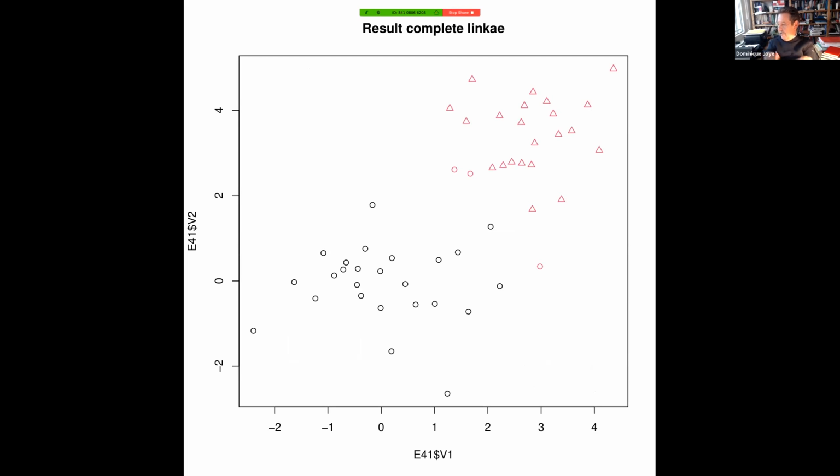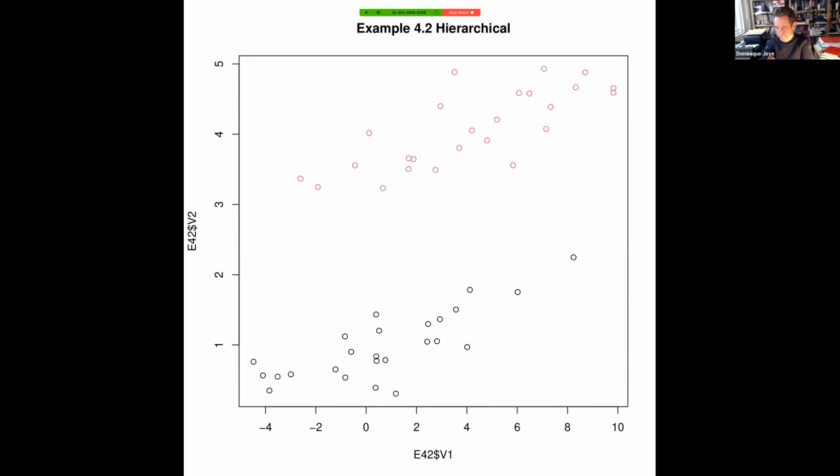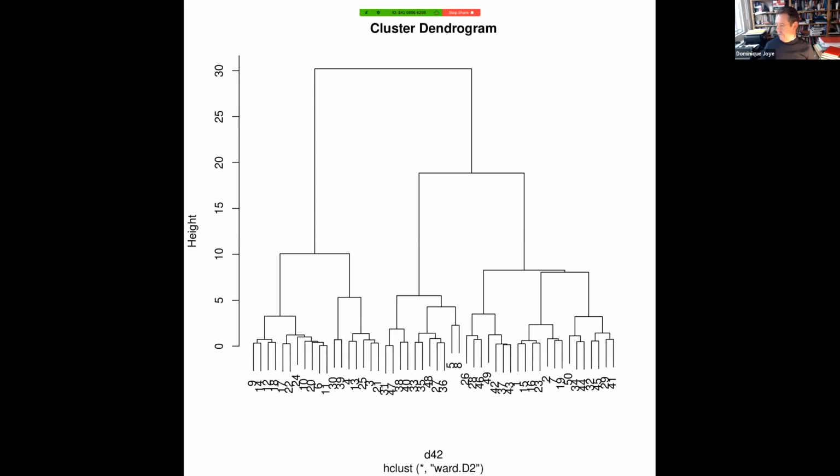But if we take this structure, you see we have the group of the red, which are lined up in the upper part, and more or less the black ones, which are also along an ellipse in the lower side. What happens if we take the Ward method? You see that the idea of two groups is probably not perfect.